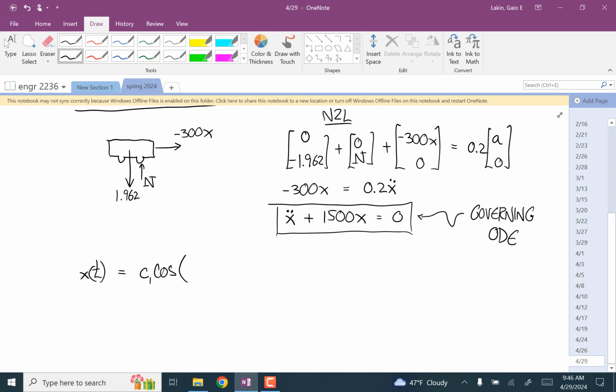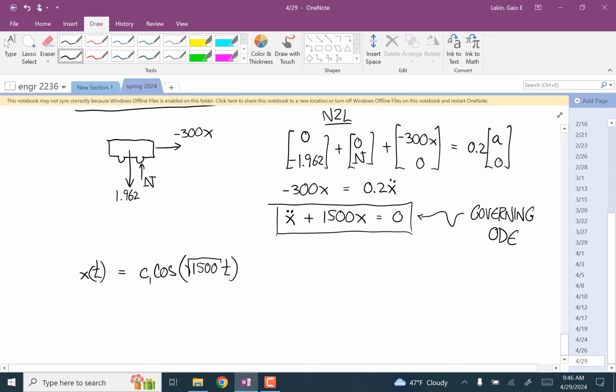Two applications of the chain rule has to give you a coefficient of negative 1500. Since it's two of those, we're going to use the square root of 1500 multiplied by t.